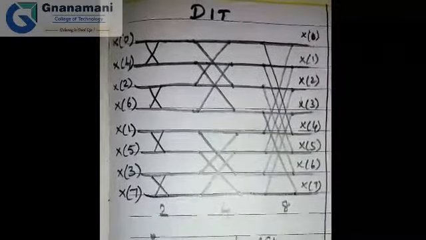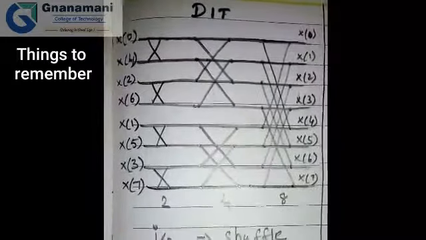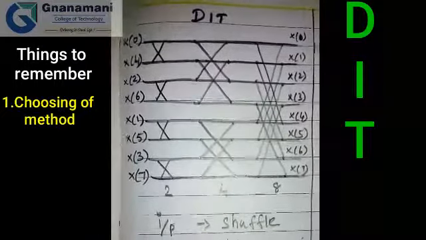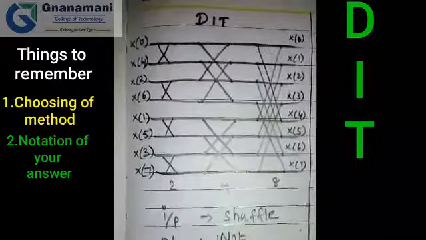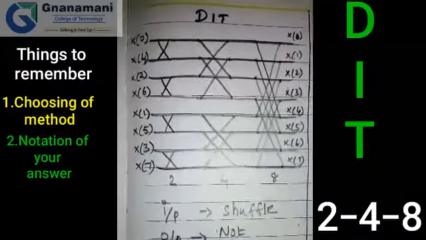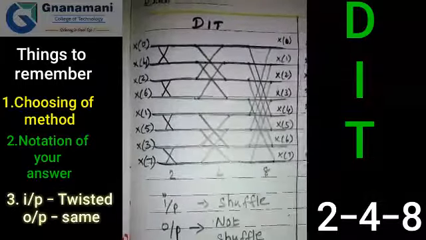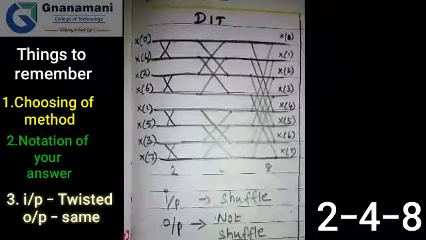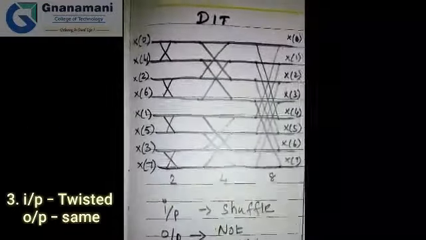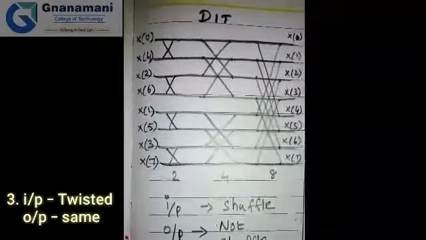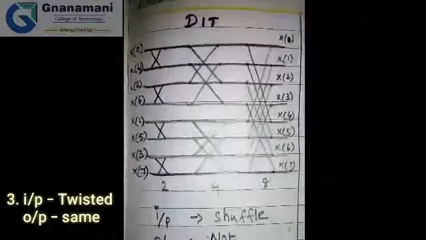As I mentioned earlier, there will be 3 stages in total. The first stage is the combination of 2 samples, the second stage is the combination of 4, and the third stage is the combination of 8. That's why I have mentioned at the bottom of the structure that the input should be shuffled and the output should not be shuffled. Shuffle means twisted.